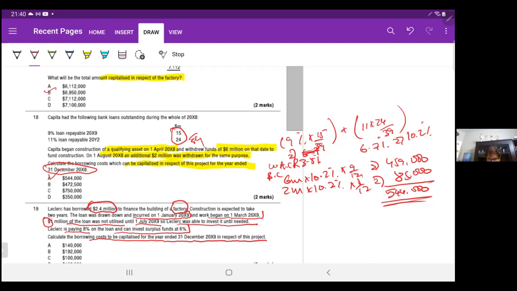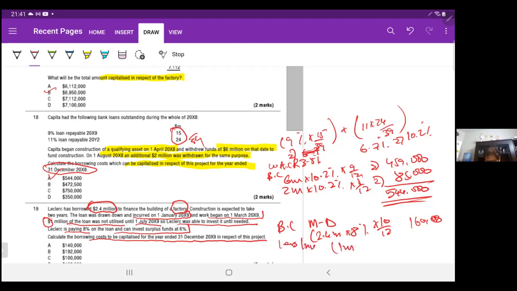Firstly, borrowing cost from March to December: it's 2.4 million at 8%. For how many months? From March to December, it's 10 months out of 12. So it's 160,000. And now we have to deduct the investment income.